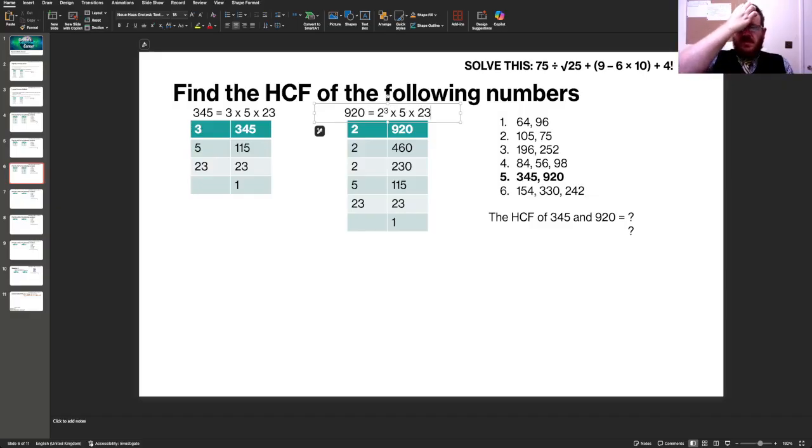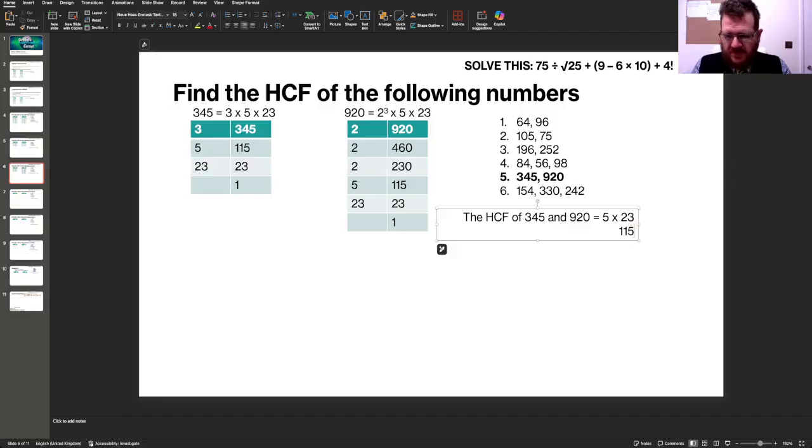Now, the highest common factor of both of these numbers is 5 and 23. It's 5 and 23, because they both appear in that same order, which then gives you the answer of 115.